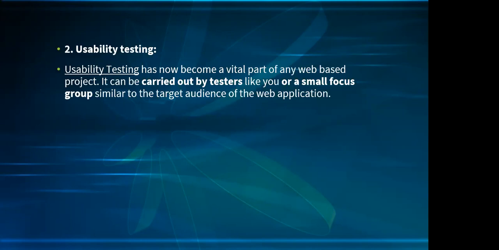Then it takes us to the next one. So that's the end of functionality base. Those things that you are looking at, functionality, we have talked about the links, we've talked about using the web form, we talked about the accessibility in terms of HTML and CSS. So all those things are part of the functionality. Now, usability, usage. How do we use it? Usability has become a vital part of any web project.